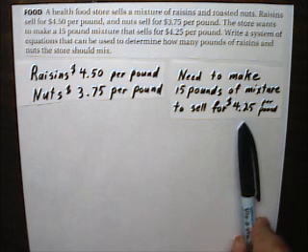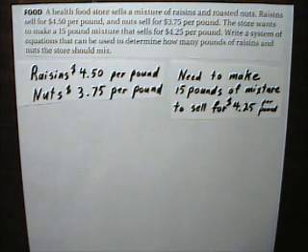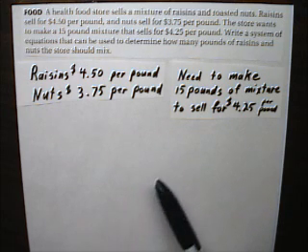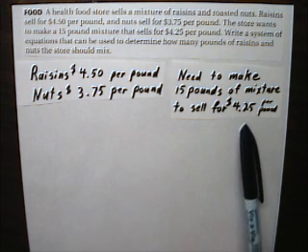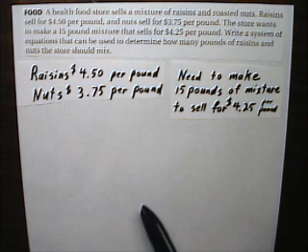Now, the question makes sense because the mixture is going to be between the cost of the nuts and the cost of the raisins. It's closer to the price of the raisins, so we're probably going to have more raisins than nuts.